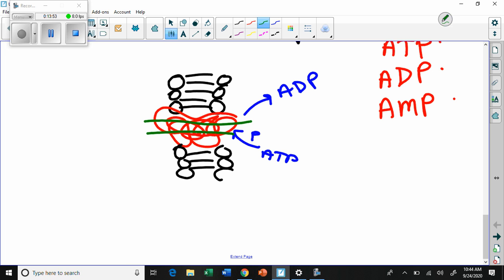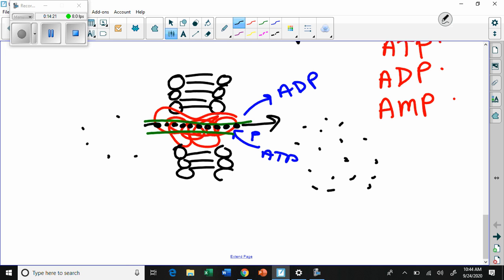Now, it's not just as simple as a channel. What actually happens is it's more like a grabbing of the molecule. So this is our high concentration area, and this is our low concentration area. The changing of the molecule allows one of these things to be grabbed and then squeezed or pushed through the protein molecule.